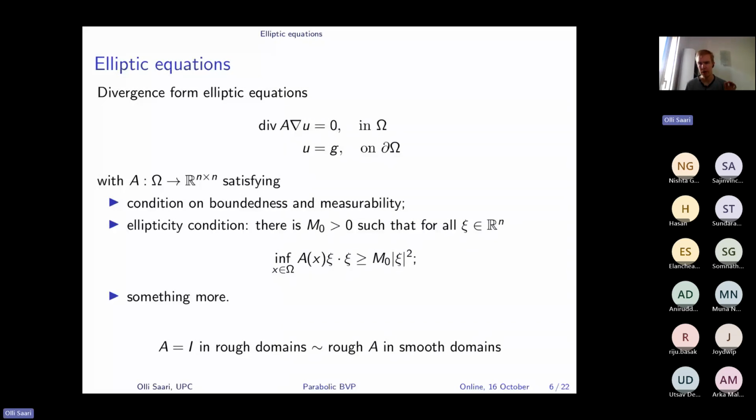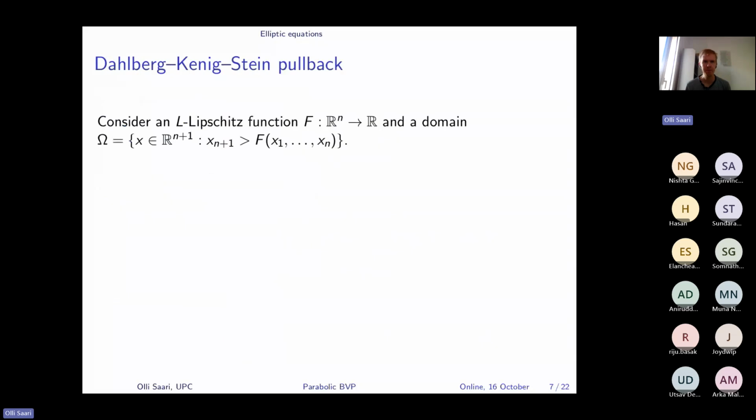Okay, and now let's specify even further. So instead of looking at all coordinate changes, let's look at the case where our domain is actually an epigraph. And now the coordinate change we are interested in is flattening the epigraph to the half space. And in this setting, you can of course do the flattening in many ways.